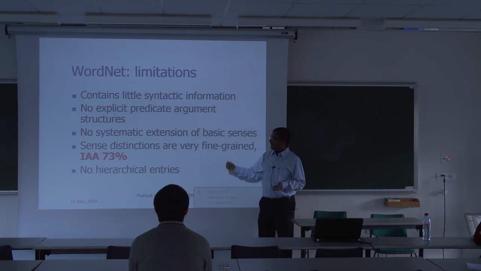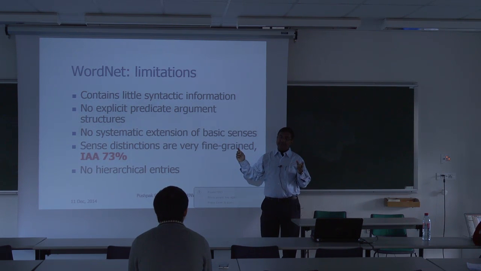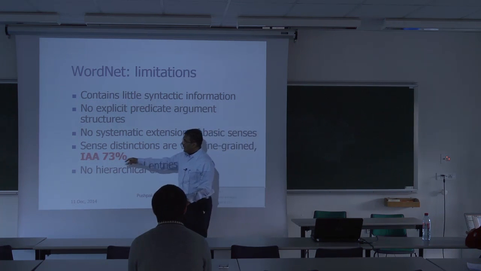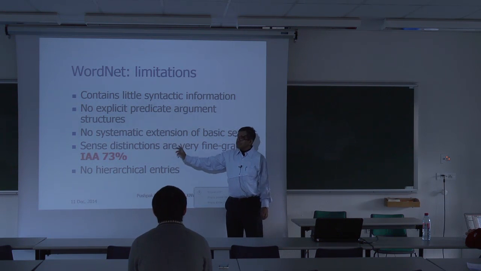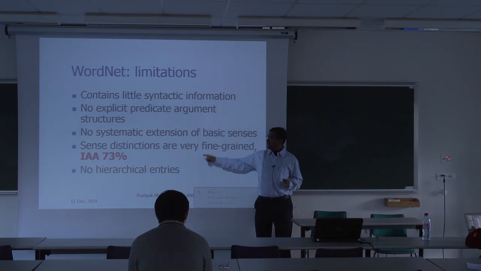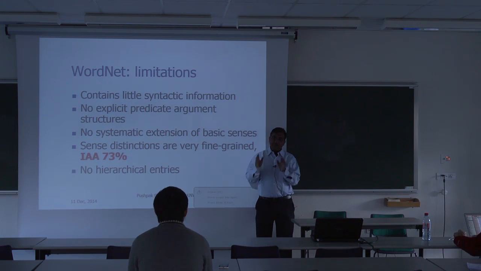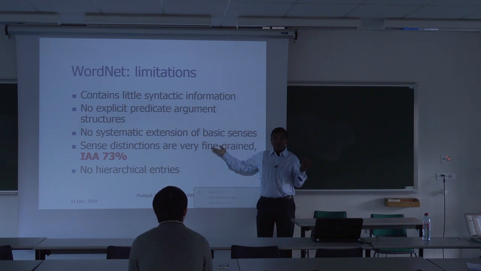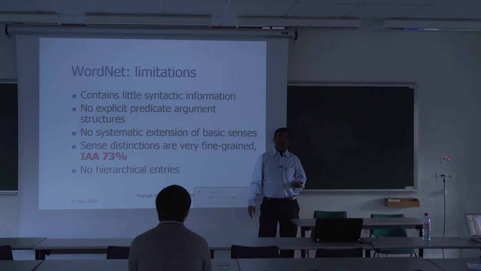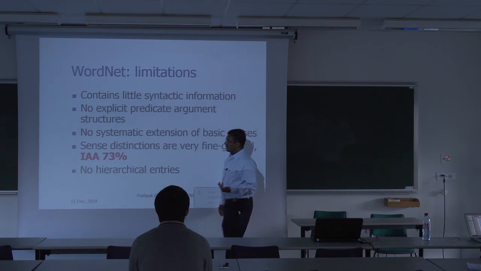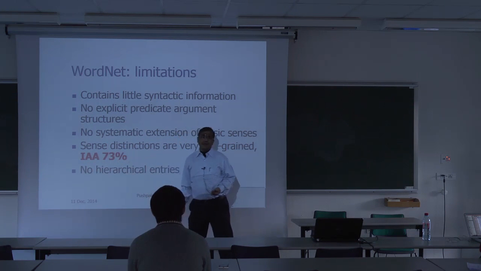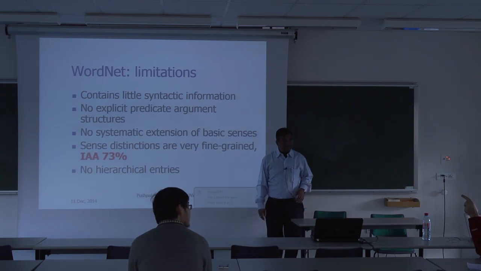It is seen that if you give WordNet to a person and give an ambiguous word, the inter-annotator agreement is 73%. This is also called the kappa score. So this agreement is 73%, which means even between human beings there is just about 70% agreement on average on senses. So it is difficult to expect word sense disambiguation algorithms in general to cross this 73%.